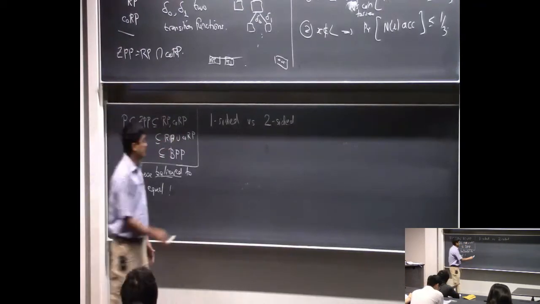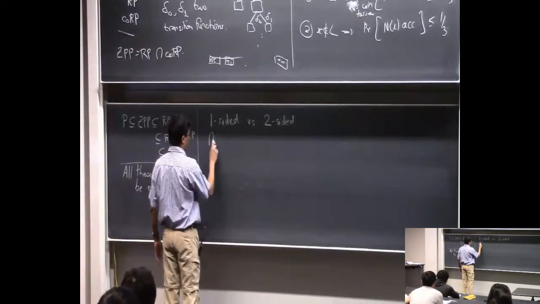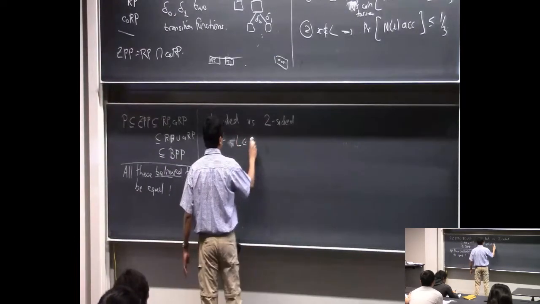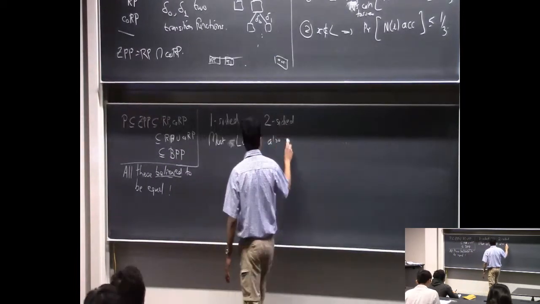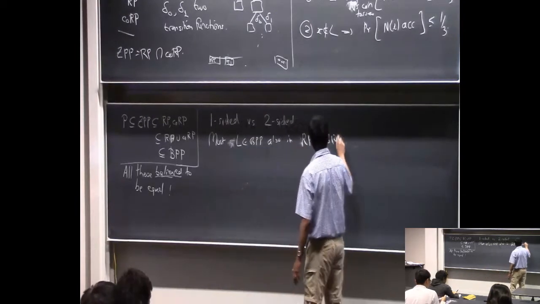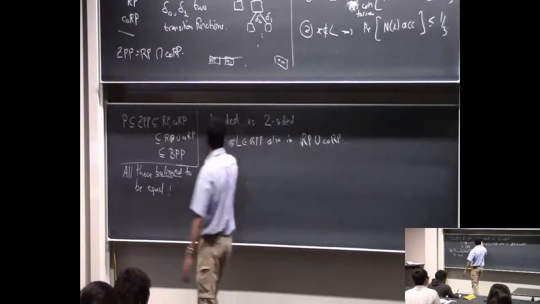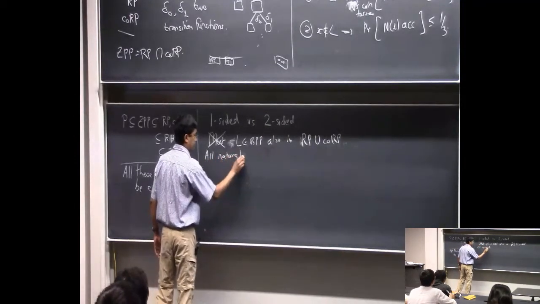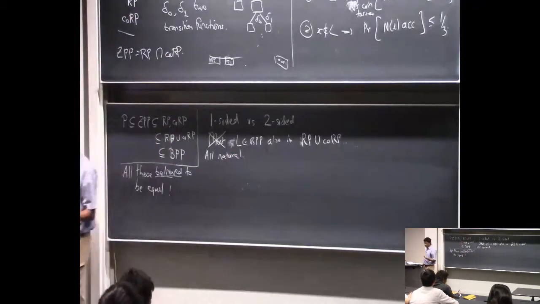Okay, so I'll just say that most languages in BPP are also in RP union co-RP. In fact, I'd even say that almost all natural ones are. Okay, but you can cook up some problems.